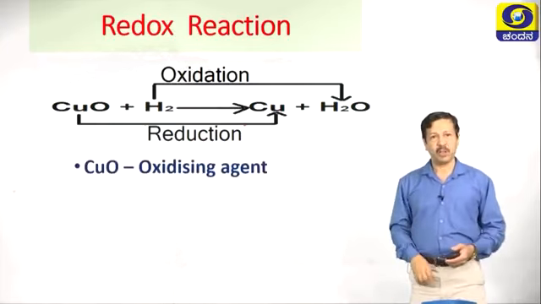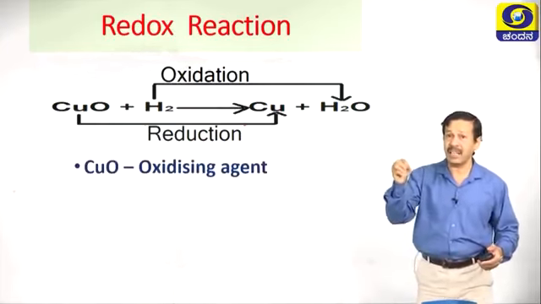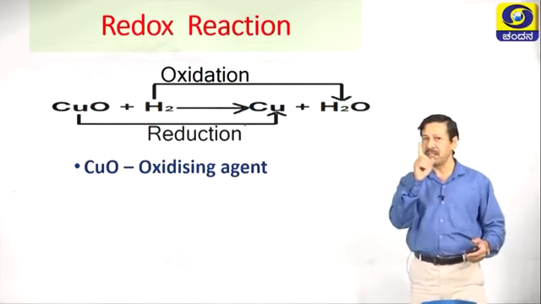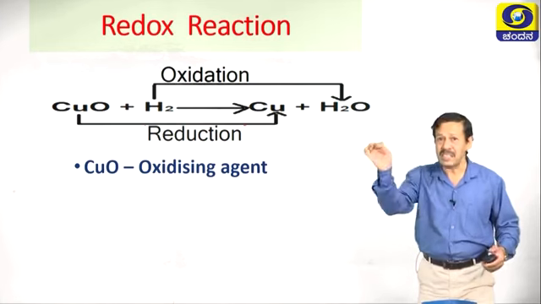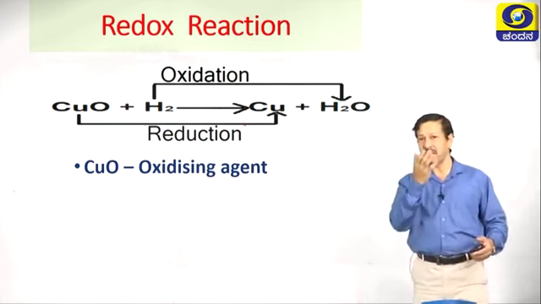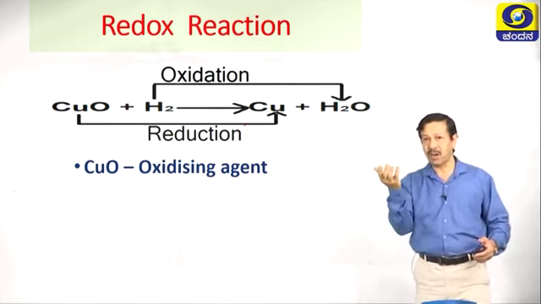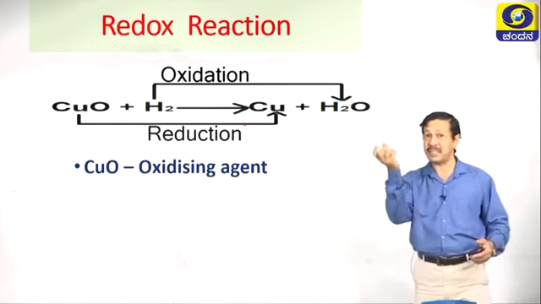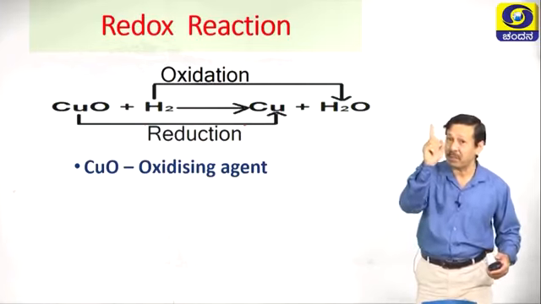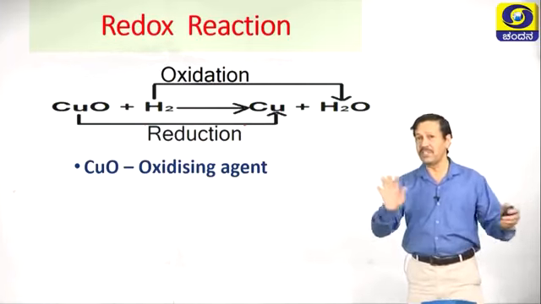Here copper oxide is the oxidizing agent. Remember children, an oxidizing agent reduces itself. See here, copper oxide loses oxygen and becomes copper. So, it is reduced, but it is the oxidizing agent. Remember this one. Do not get confused here.